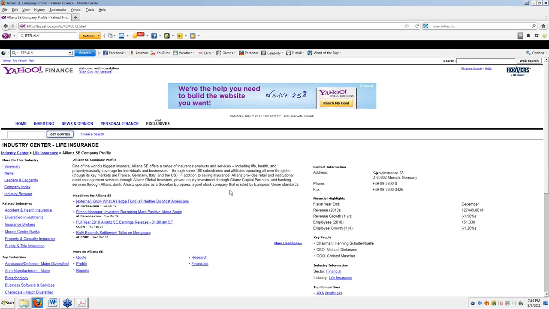Allianz operates as a Societas Europaea, a joint stock company that is ruled by European Union standards. And PIMCO Bonds is a subsidiary. Is a subsidiary? Yeah, PIMCO Bonds is a subdivision of this.